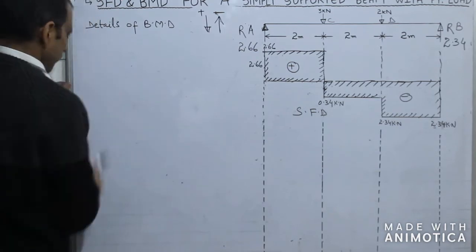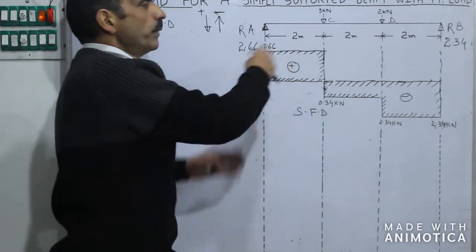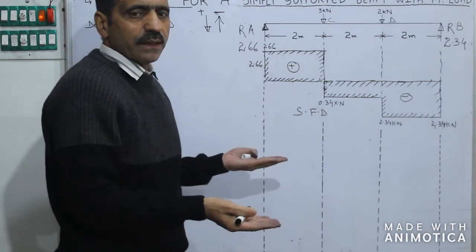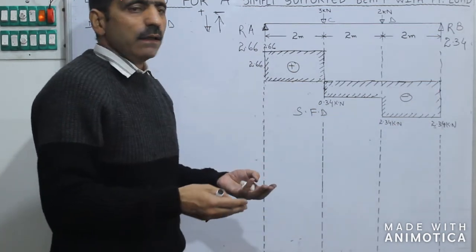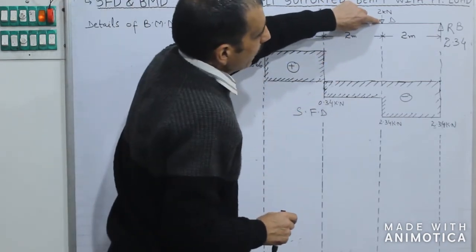This is the discretion of the student, whether you calculate moment from the right side or the left side. Wherever it is easy for you, calculate the moment from there.